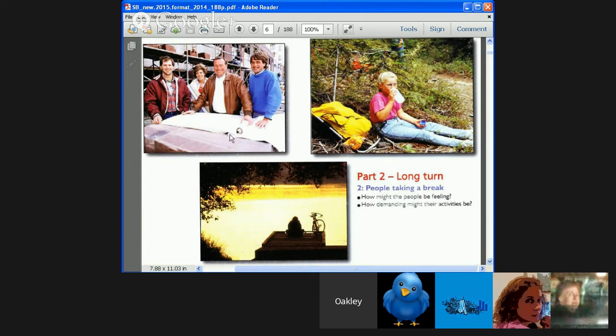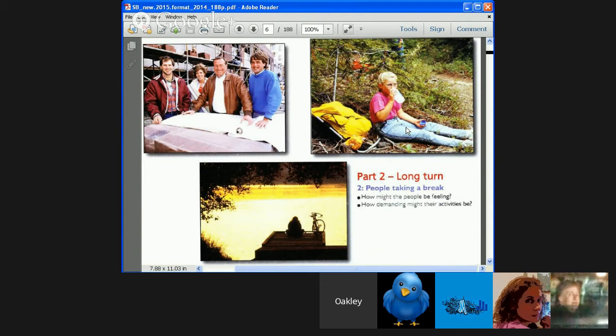The second one, on the top right corner, the daughter or the girl, she's drinking and she seems tired, maybe from running or walking. I don't know, something like this, I guess.